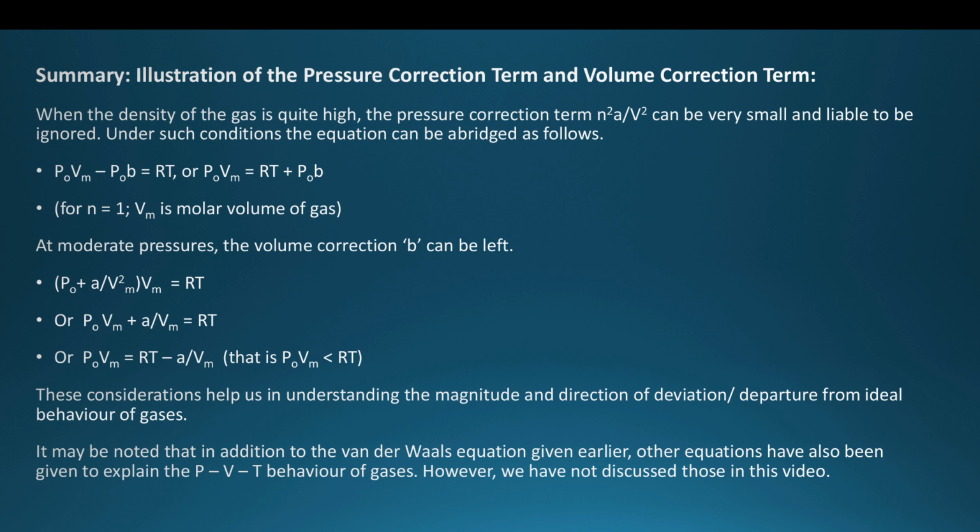At moderate pressures, volume correction B can be left out, and the equation becomes PV equals RT minus A over Vm. It means PV is less than RT. These considerations help us in understanding the magnitude and direction of deviation from the ideal gas behavior.